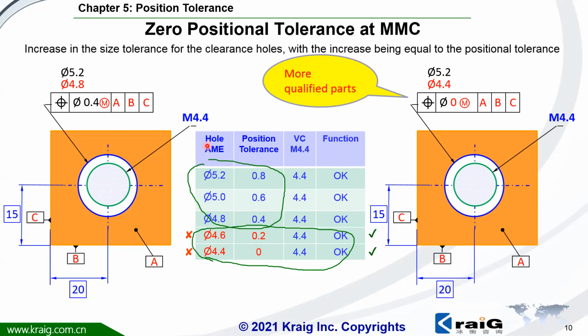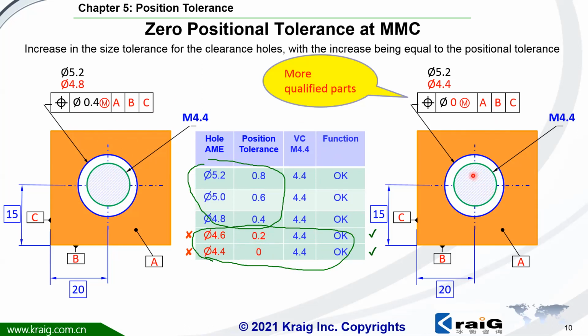So you can see here, we have different amounts of qualified parts if we use different joints here. But from a function point of view, both joints have the same functional purpose.